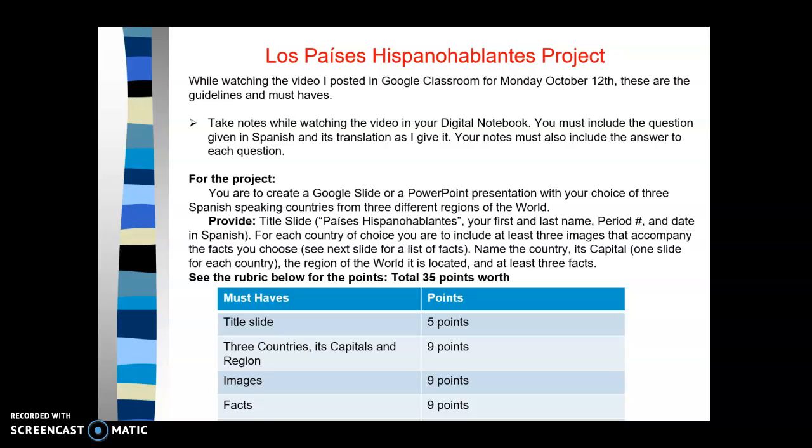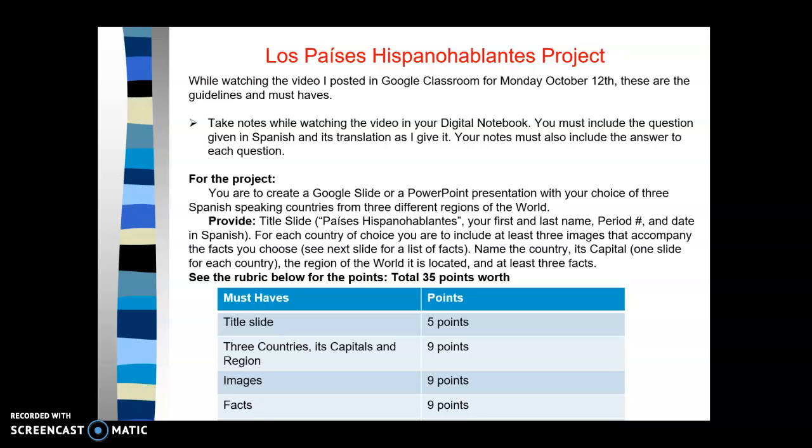And I'm going to give you a list of facts to choose from that you could include for each of the countries you choose. Remember, you choose 3 countries. You are to name the country, its capital, and you're going to do 1 slide for each country, the region of the world it's located, and at least 3 facts for each country.